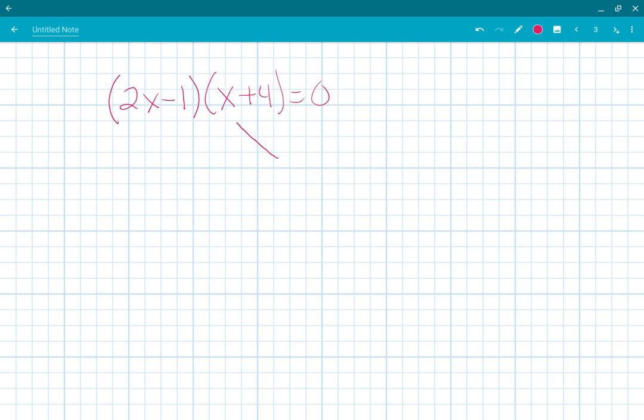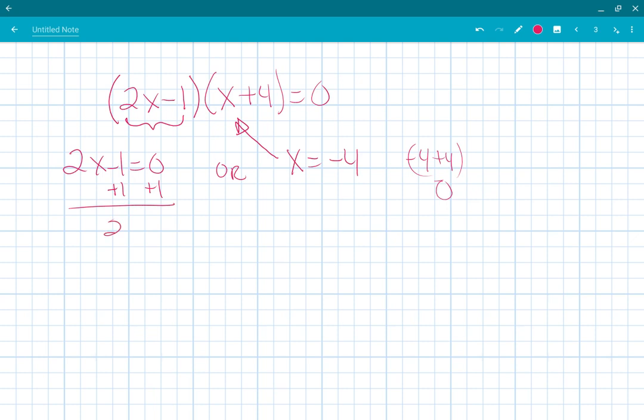So either x is negative 4, that'll work, right? Because negative 4 will turn into that, and it'll turn into 0. Or this whole thing is 0. So we add 1. This is a lot of information to process.